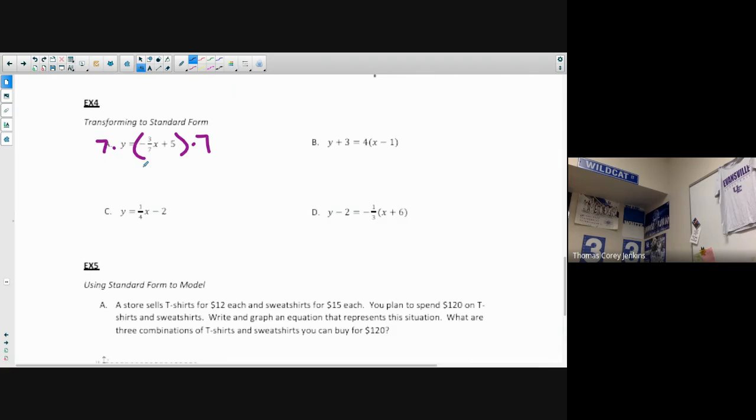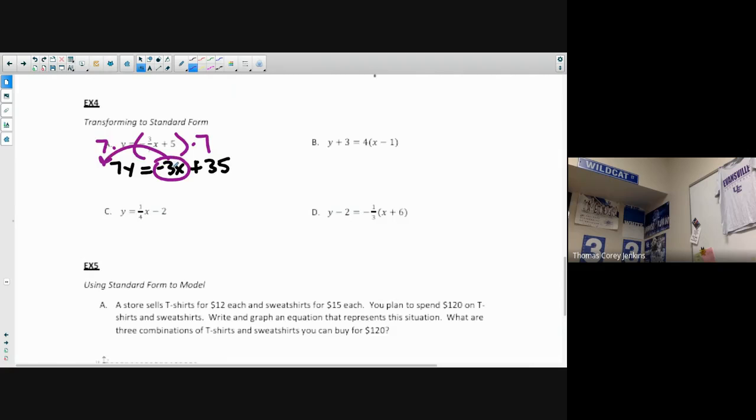You get 7y equals 7 times -3/7, which is -3, so -3x. And then plus 35, because 7 times 5 is 35. Then we just want to move the x term over to that side.